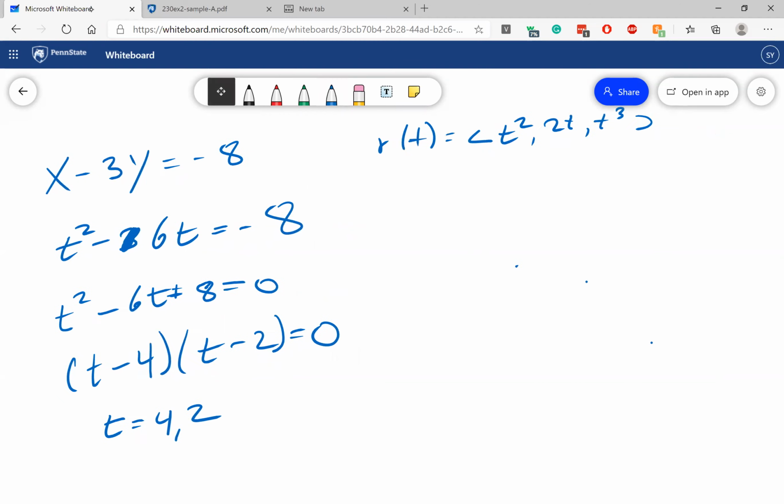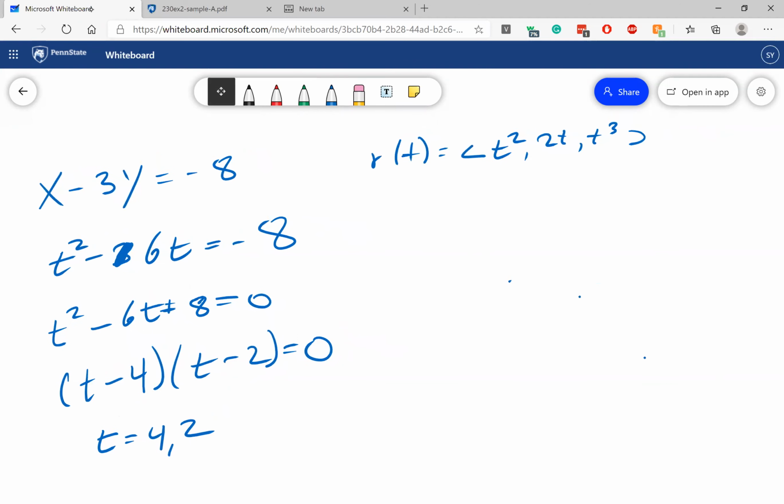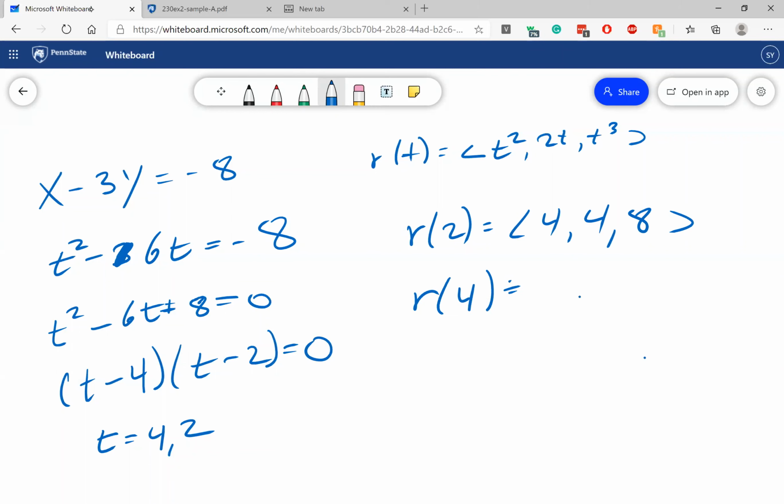We just need to plug those two values into our r of t, and we will get the two points. So r of 2 is equal to (4, 4, 8), and r of 4 is equal to (16, 8, 64). Any questions?